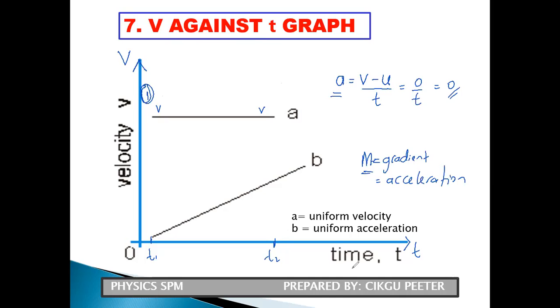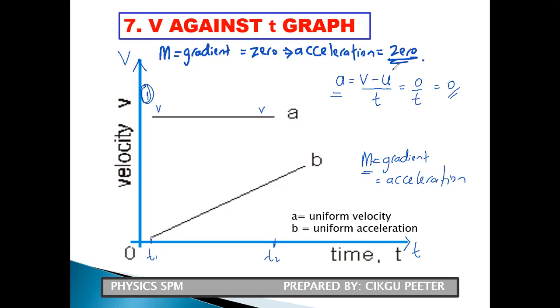So now you should come up with a conclusion. You must tell yourself, when the gradient is constant 0, then the acceleration is 0.